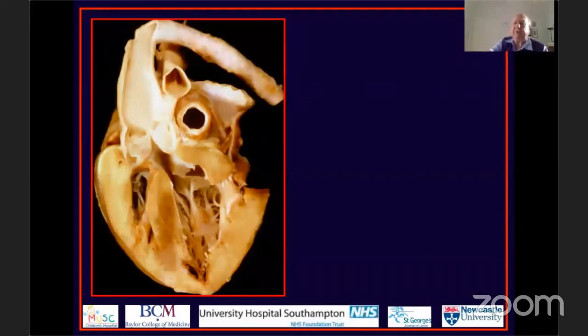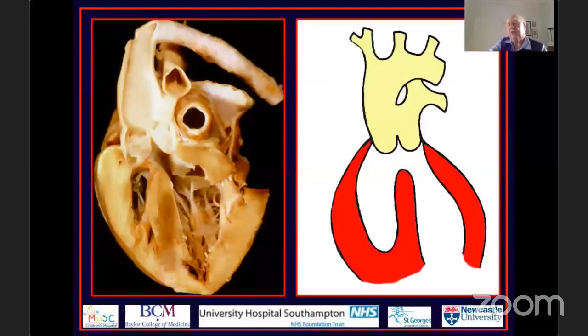I'm going to show you this picture again. It's a long axis cut through a heart from an individual who has common arterial trunk. And here is a drawing of the same thing that's made by Diane Spicer. And I'm very much dependent on Diane for the concepts that I'm now going to put before you.